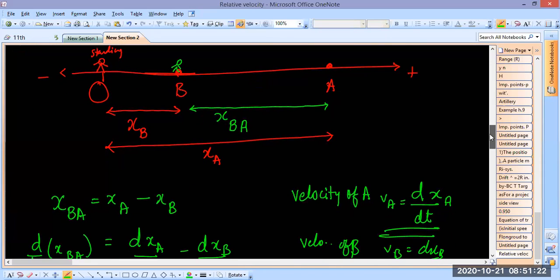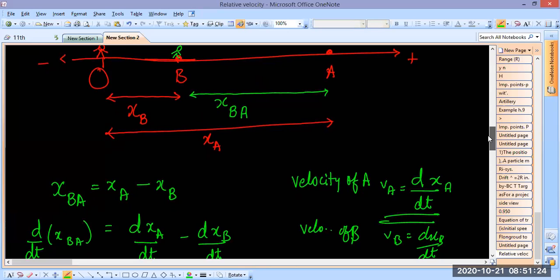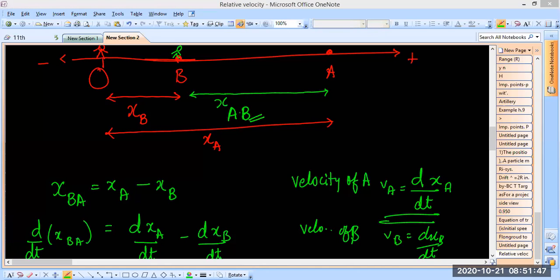Oh no, I made such a horrible mistake with the symbol. I'm so sorry. This is supposed to be xab. Please change it, everyone. Make sure you change it. Did everyone change it? Otherwise there will be a lot of confusion. Take it seriously, everyone.